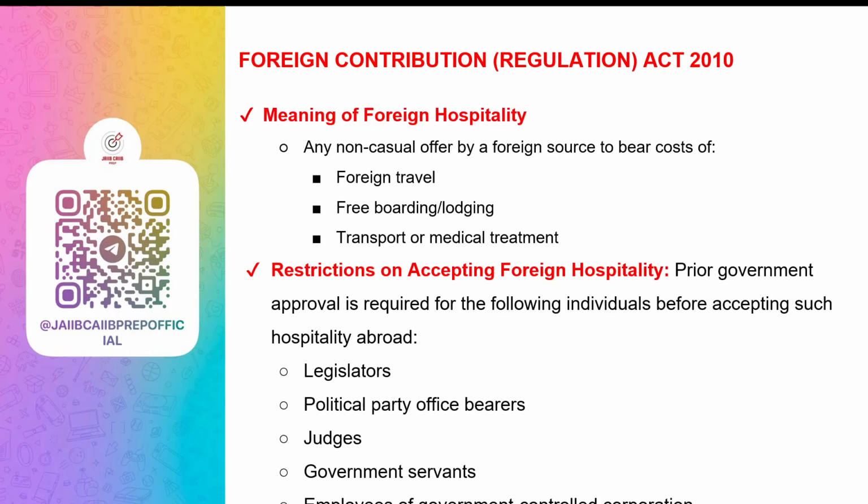Foreign hospitality means getting free stay, free travel, free food, or medical treatment in another country paid by a foreign source. And this is not allowed without government permission for MPs, MLAs, leaders of political parties, judges, government servants, employees of government controlled organizations. So they cannot receive any foreign hospitality without government permission. If government permits, they can enjoy that foreign hospitality as well.